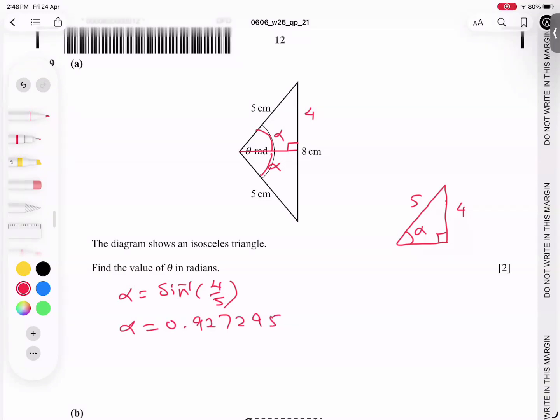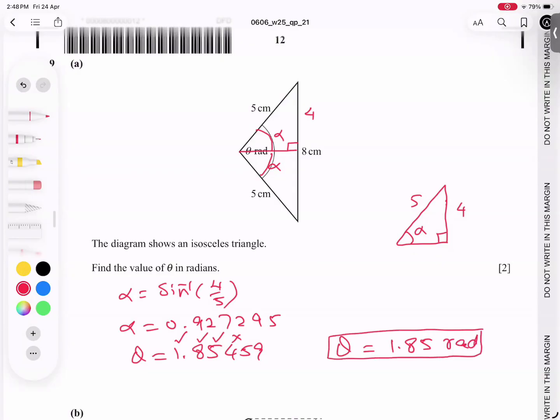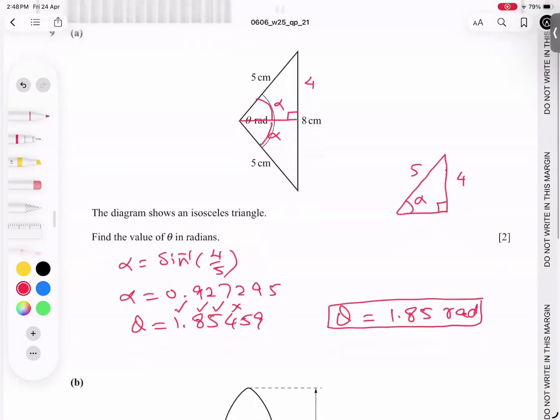Multiply by 2, and I get angle theta equal to 1.85459. But you know what the rule is, students? We always write 3 SF. So 1.85 radians is my answer for part A. So this is done.